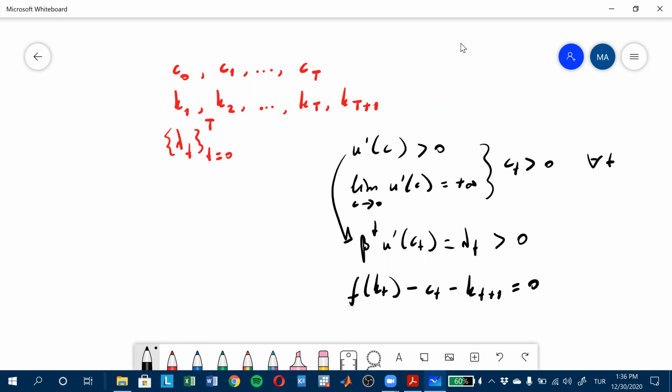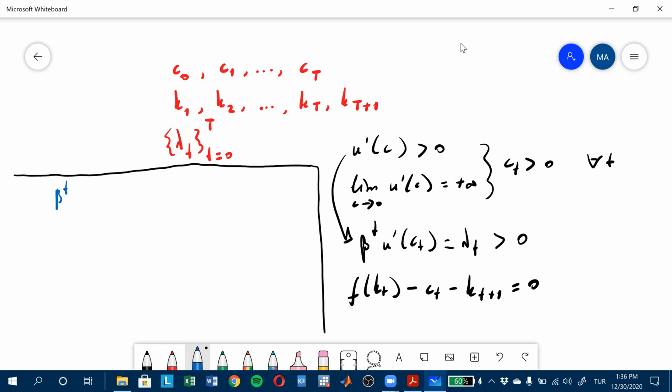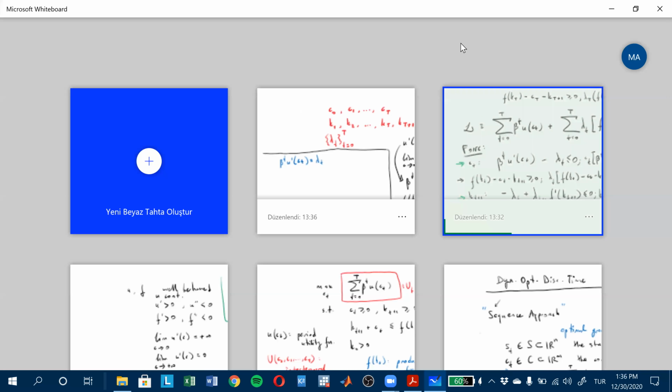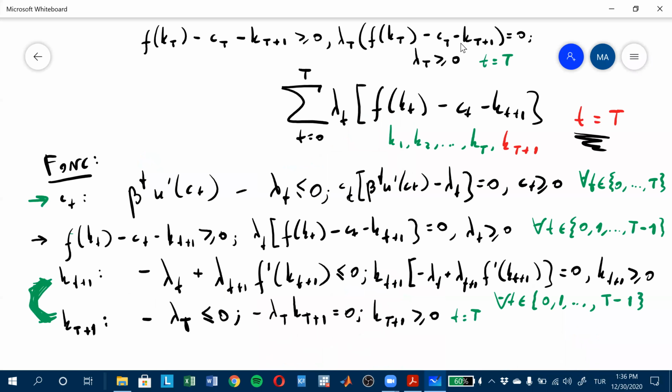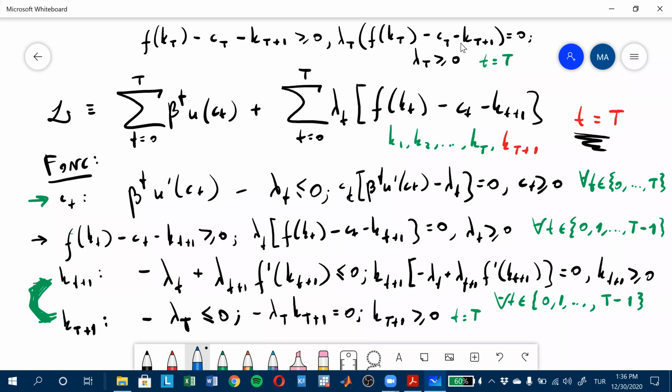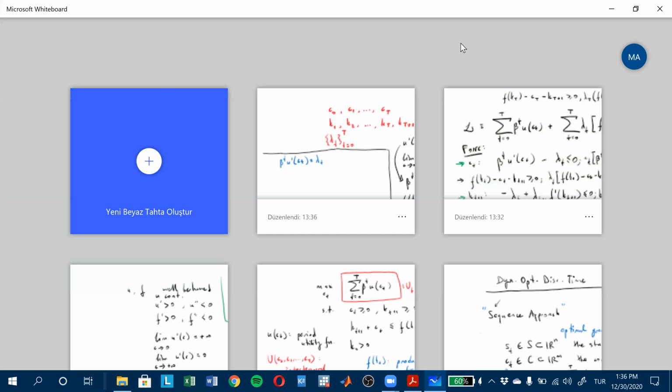Now, when I write this stuff, it will be much simpler. First of all, I have this from the first equation. Then I have the constraint.